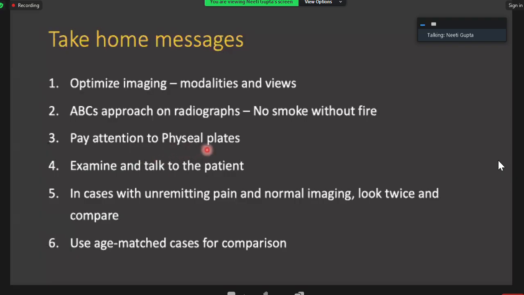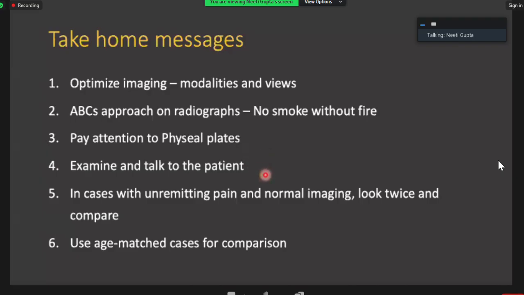Pay attention to the physeal plates in the pediatric age group. There can be subtle physeal injuries which may be occult on radiographs or CT, so you can get an MRI done or compare with the contralateral side in cases of doubt.